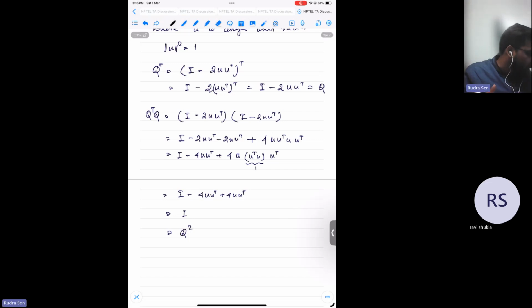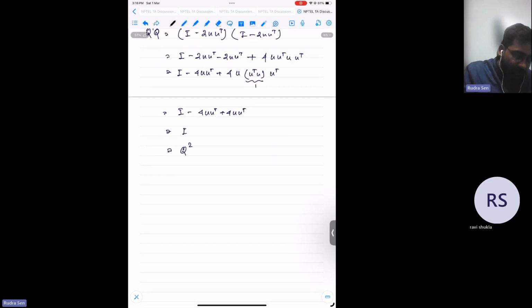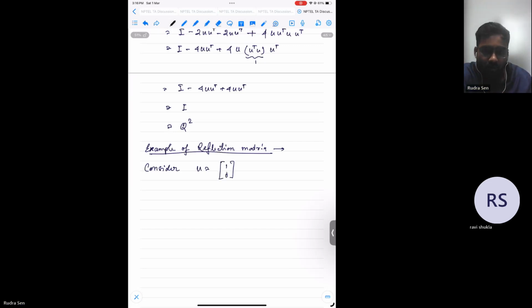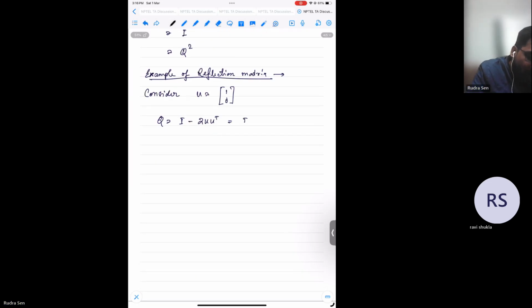Now, what do we mean by reflection? Let me give an example of a reflection matrix. Consider u as a unit vector, 1 0. If you take the norm of this u, the answer is 1. Now Q, the reflection matrix, is I minus 2 u u transpose.